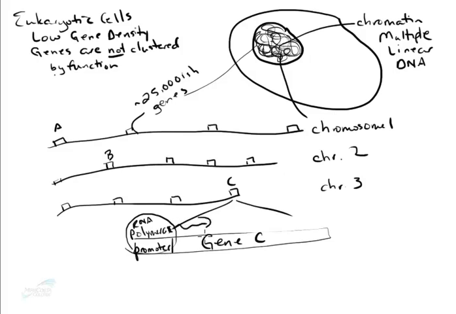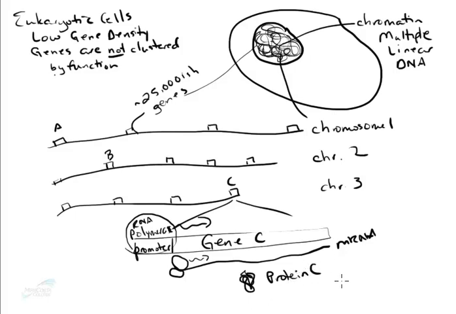Right? And so RNA polymerase would go along this gene, it would copy this gene, synthesize an mRNA, and that mRNA, just like what happens in prokaryotes, would be bound by a ribosome. That ribosome would translate that mRNA and we would get protein C as a result.